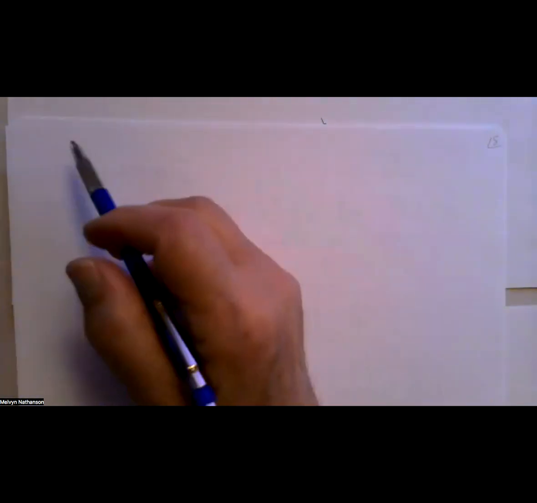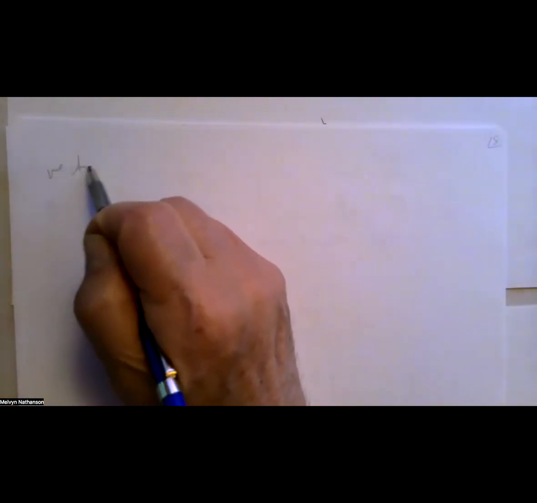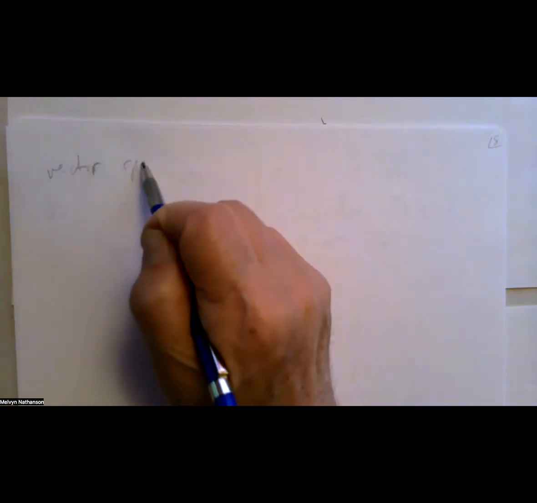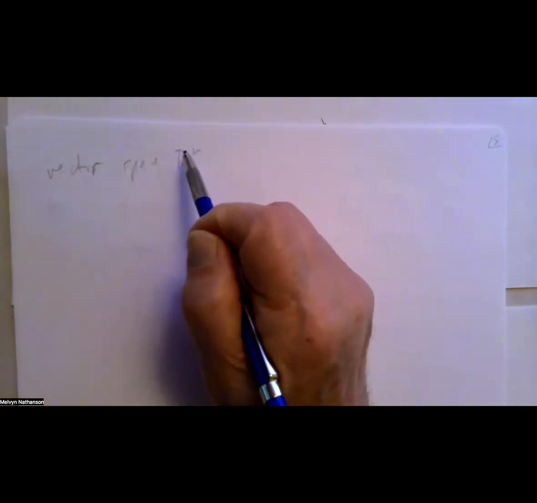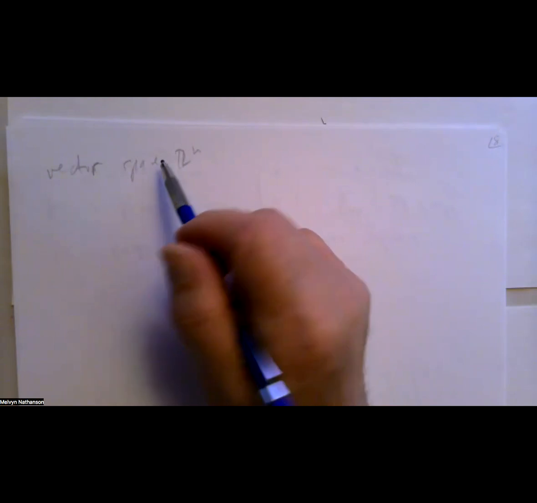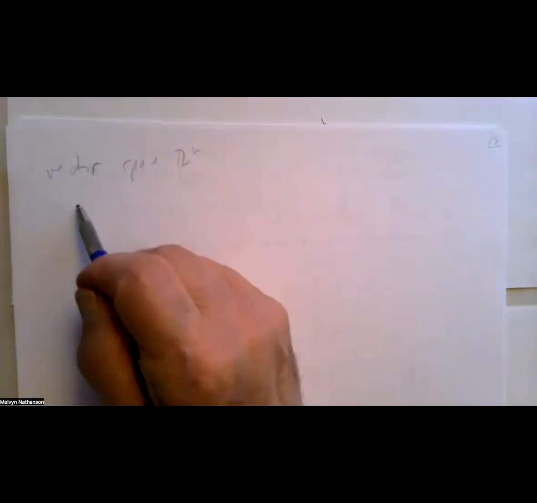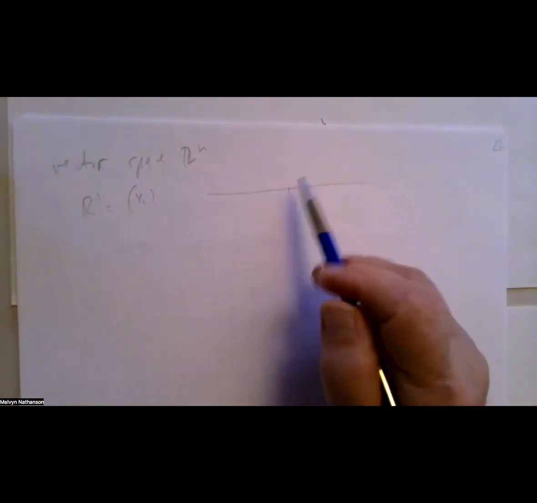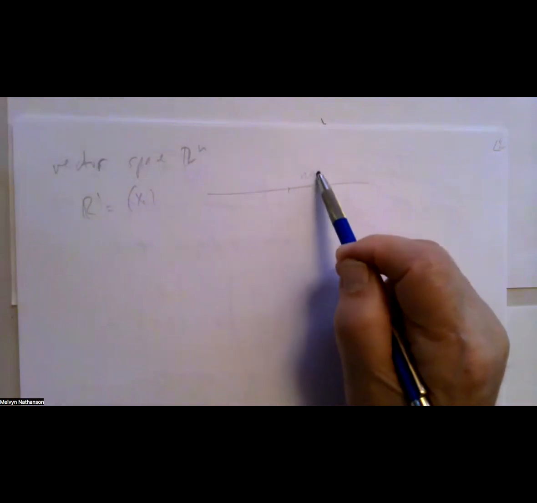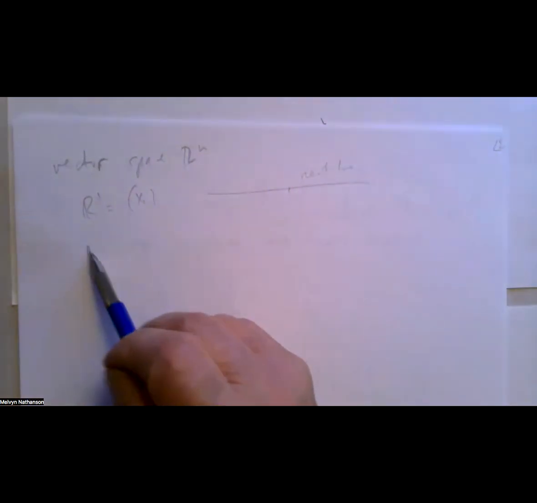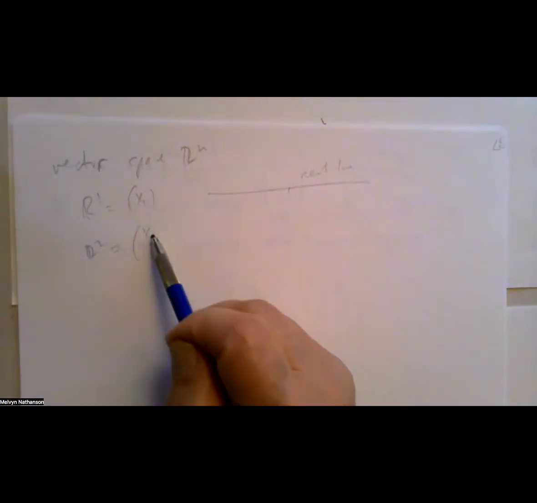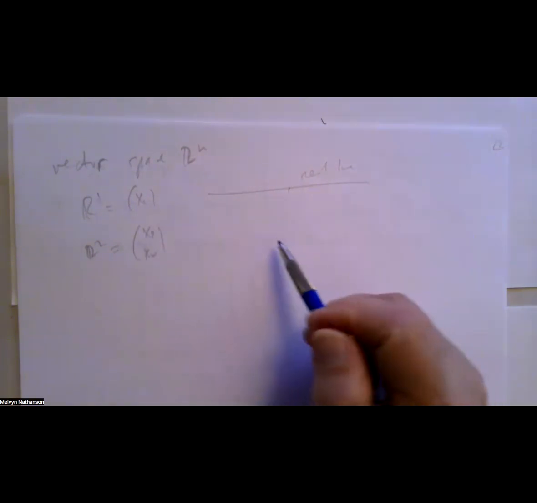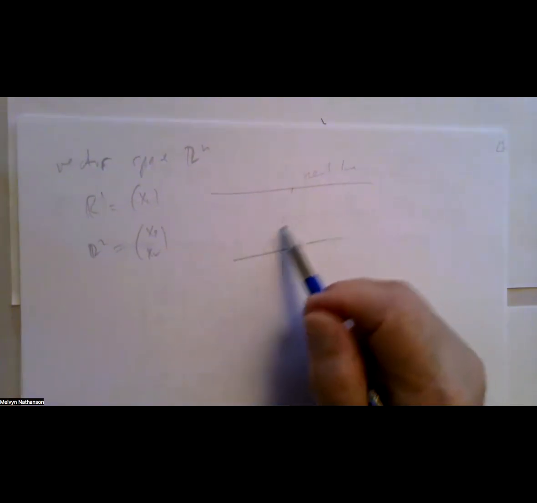But we have the vector space Rn. And you can think of this as, well, what's R1? That's just one number. You can just think of that as the real line. R2 is all pairs of numbers. You can think of that as the plane.